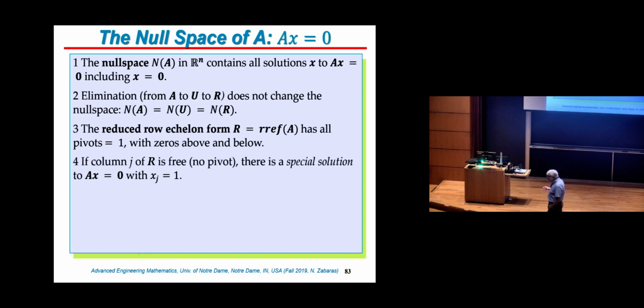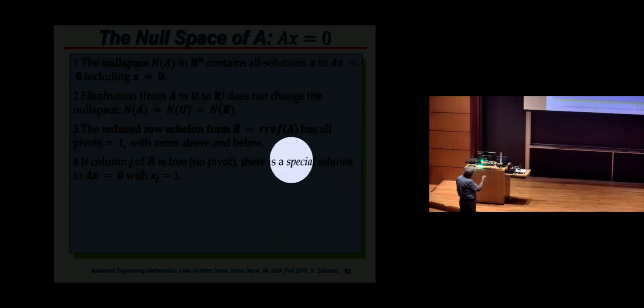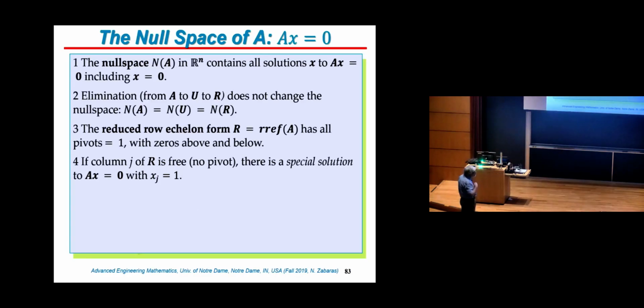When we do this row echelon form, there will be some columns that we call free columns. They have no pivots in them. And those are essential to define the solution to the null space. Those solutions are called special solutions. For the columns where you don't have any pivots, you can identify the special solutions by setting each of them, one at a time, equal to 1 and the rest equal to 0.